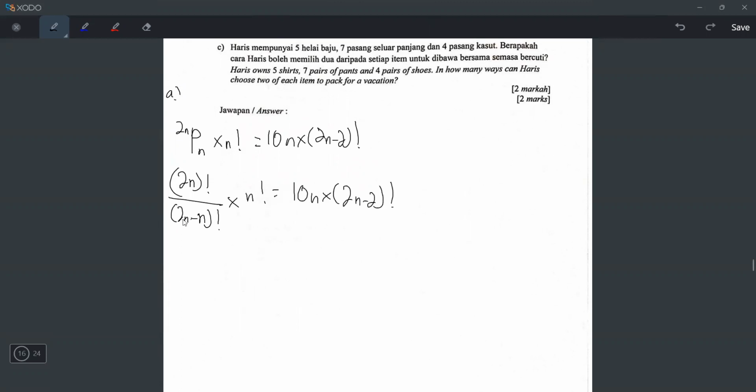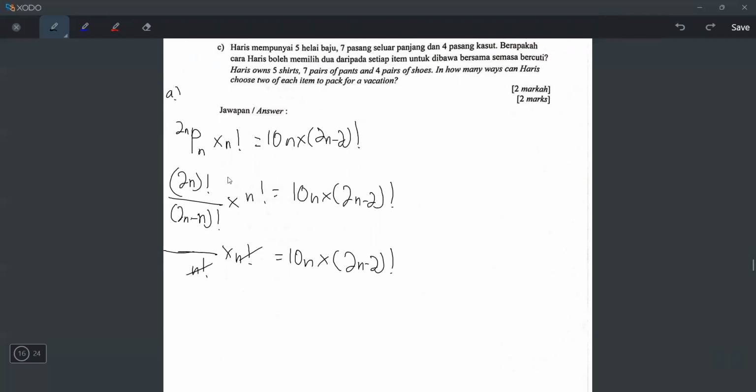Okay, I saw something here. 2n minus n is n. And then times with n factorial. It means this one later I can cut already. And then equals to 10n times 2n minus 2 factorial. And I also noticed something. This 2n factorial, I can write it because this is 2n factorial, but this is 2n minus 2 factorial.